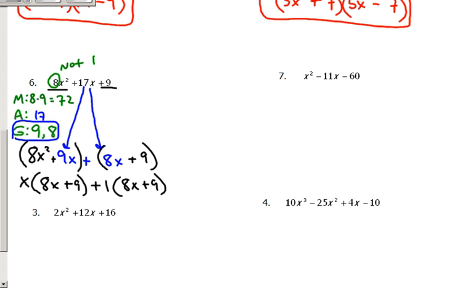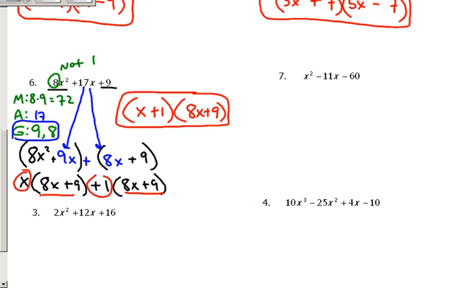At this step, I see that I have the same thing in parentheses. That means it's good. So my first set of parentheses, I'm going to take those numbers, and I'm going to have x plus 1. Because that matches that one, my second parentheses is 8x plus 9. There's your answer.